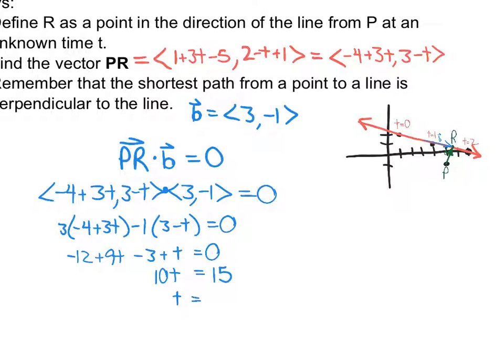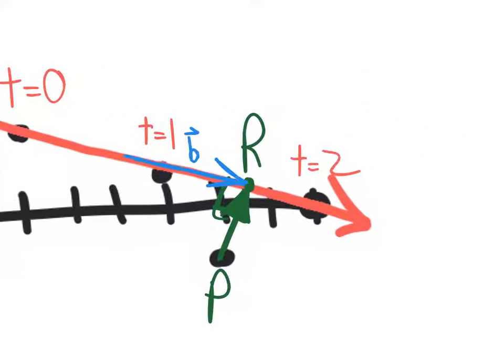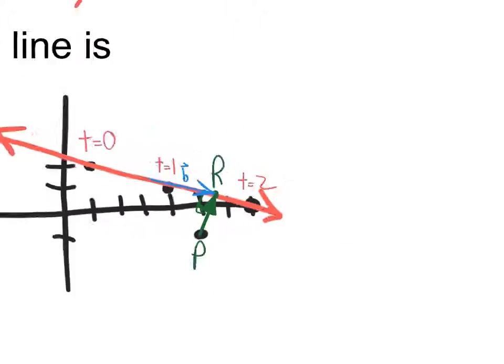And t equals 1.5. If I look at my graph over here, that makes sense. I know R is going to be somewhere between where time is 1 and 2, so it makes sense that we got 1.5.